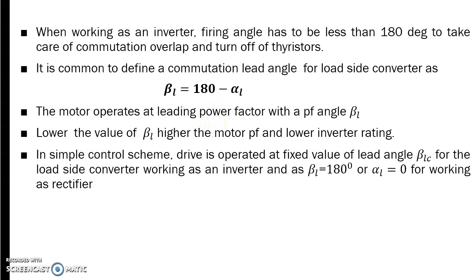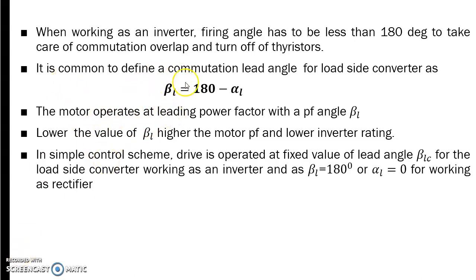So you should understand one point. When you are defining the lead angle, this is actually the angle by which voltage and current are displaced. This actually defines the power factor. The power factor angle means the phase displacement angle between voltage and current, phi.